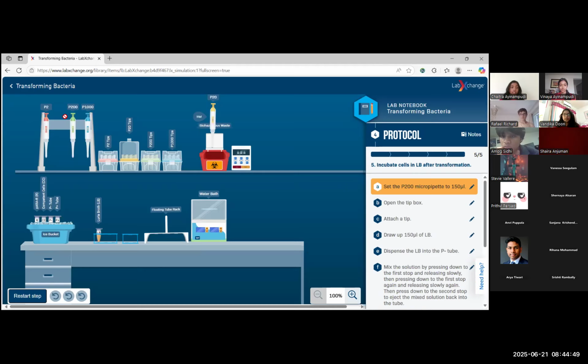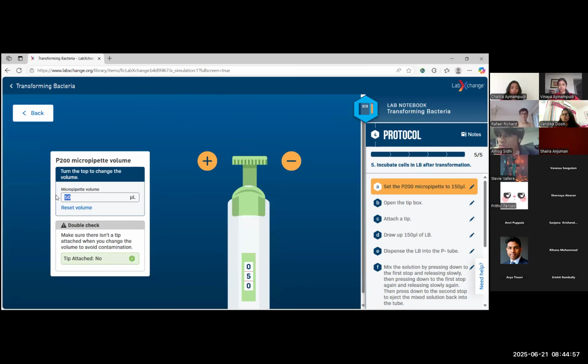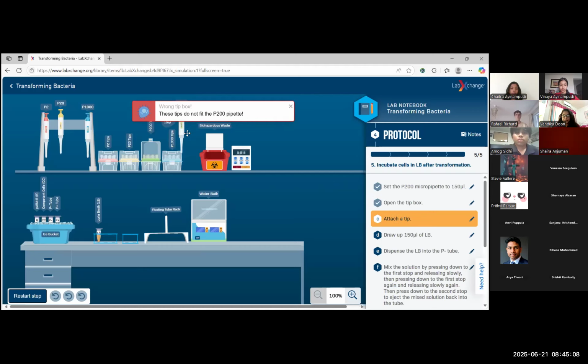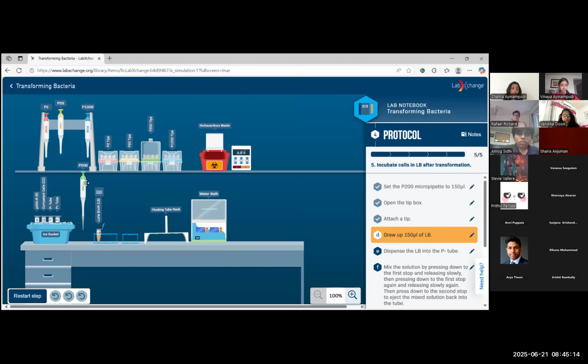Now we're going to take our micropipette 200 again, and we're going to set the volume to 150. And then we're going to open the tip box, and we're going to be taking the LB broth.